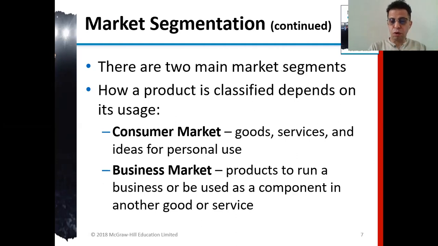In the consumer market, goods, services, and ideas are for personal use, the final consumption. In the business market, products are used to run a business or as a component in another good or service.